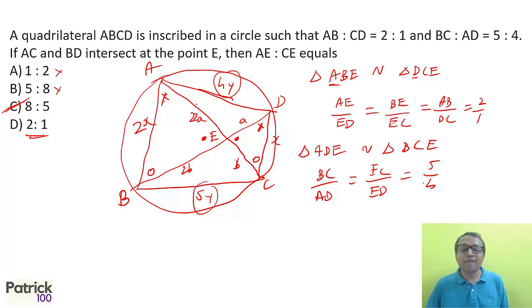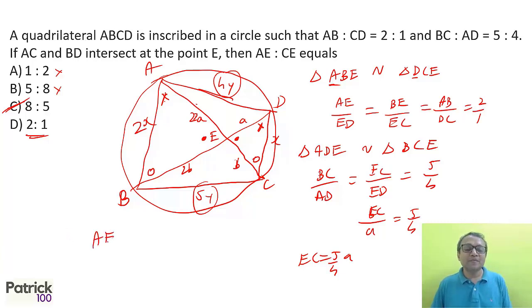Now I know EC is B and ED is A, so B upon A is equal to 5:4. I want EC in terms of A. EC is nothing but 5/4 A. I want the ratio of AE to EC. AE I got as 2A, EC I got as 5/4 A. A gets cancelled, and you will get a ratio of 8:5. That's the answer, option C.